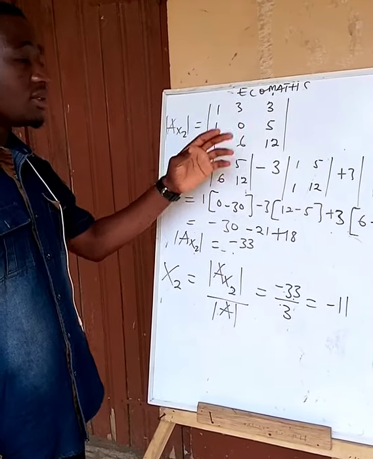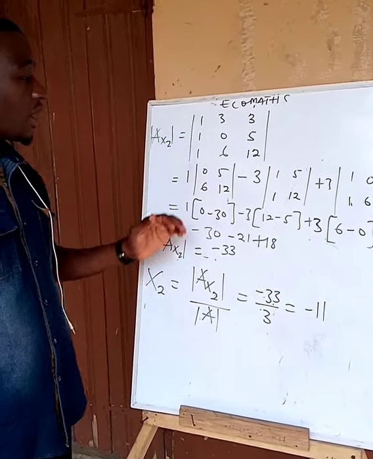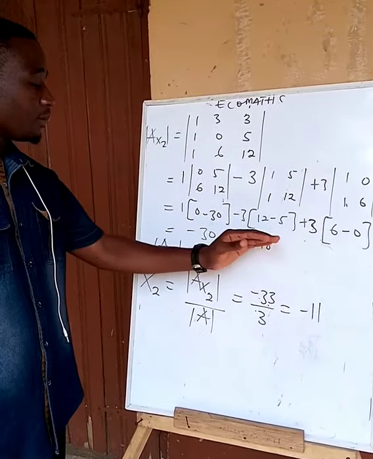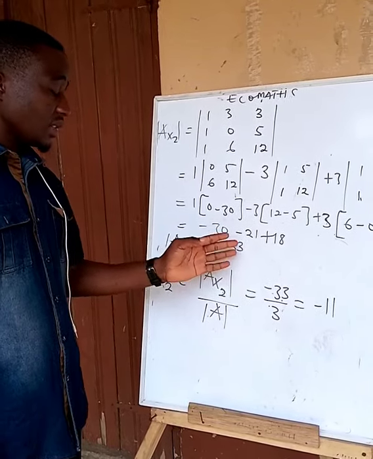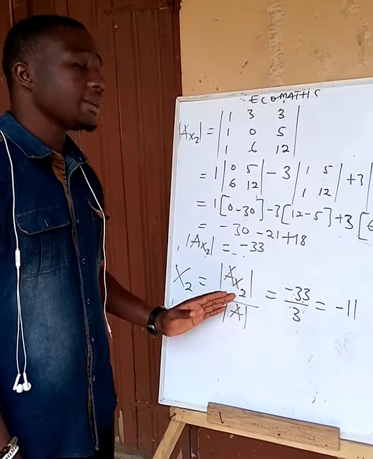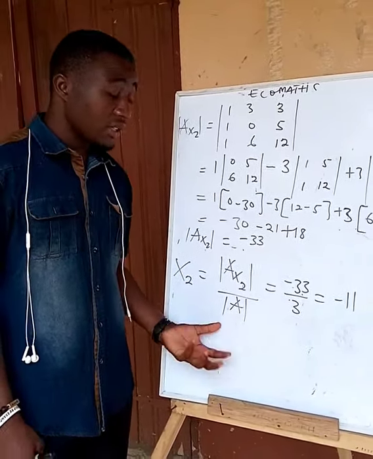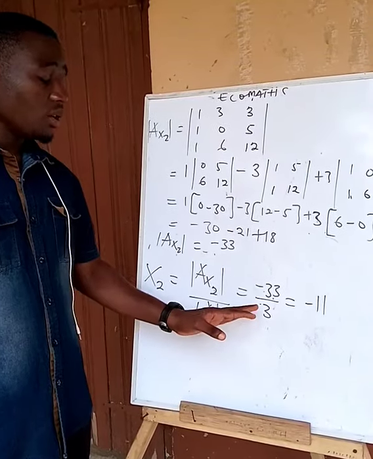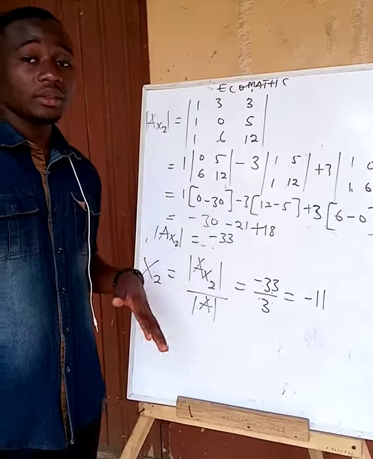We write it replacing the second column by the constant matrix. Now we find the determinant, and when you do it well, you are going to get minus 33. Then x2, from Cramer's rule, we divide the determinant of A subscript x2 by the determinant of the coefficient matrix. You get minus 33 over 3, and you get minus 11.